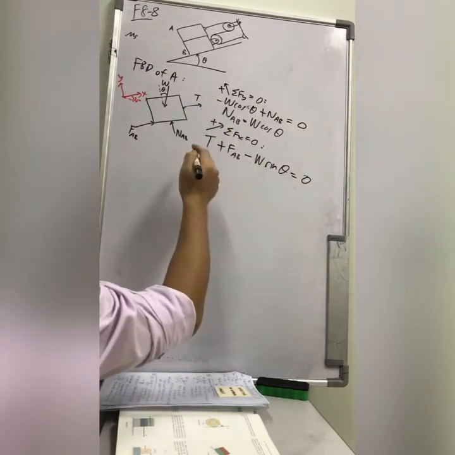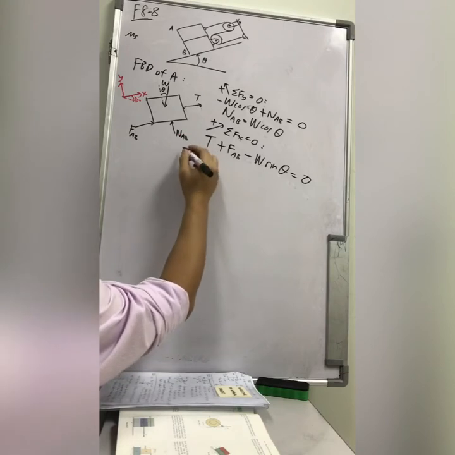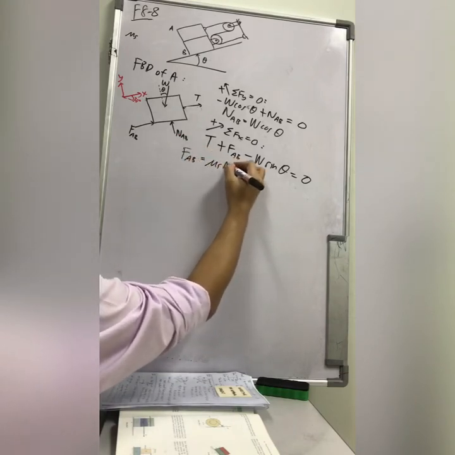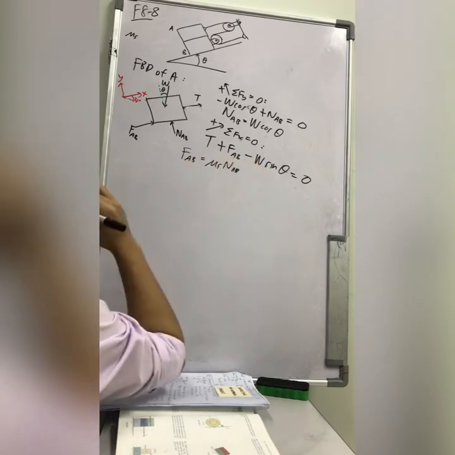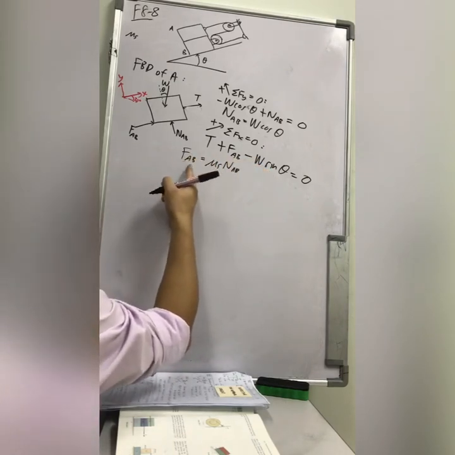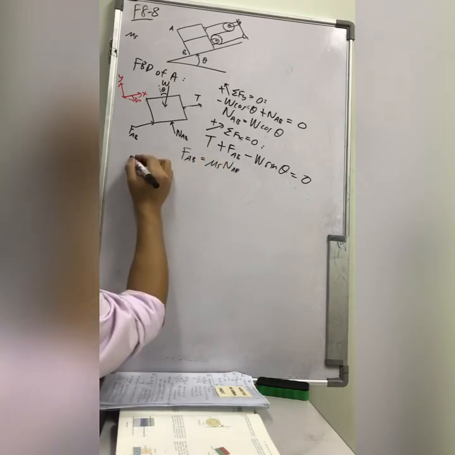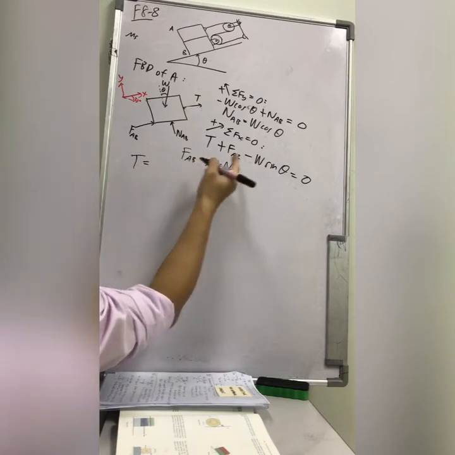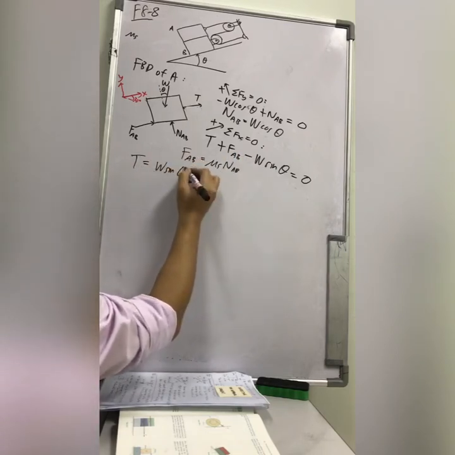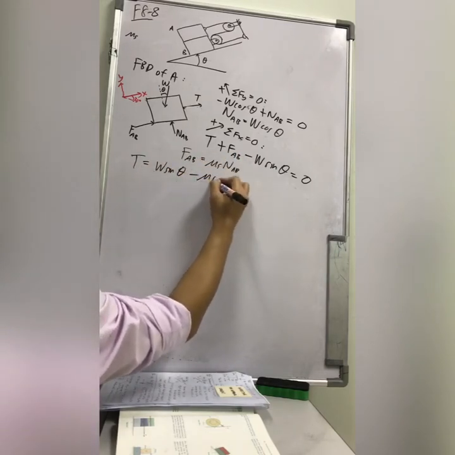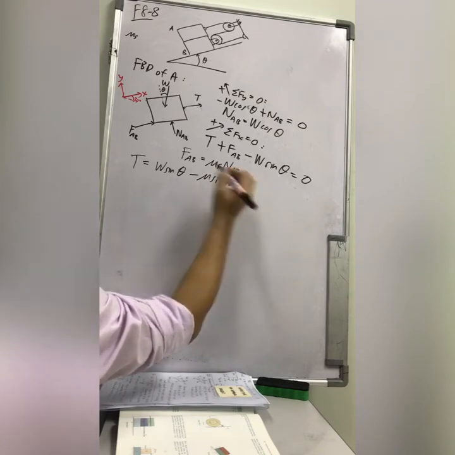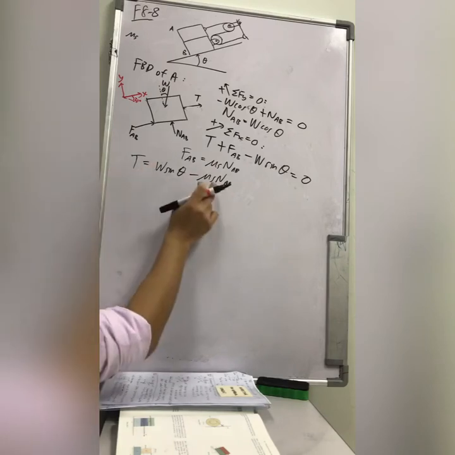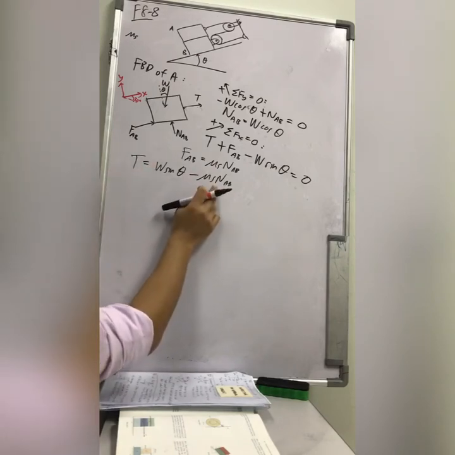And we are evaluating this at the verge of slipping, so you know that your F_AB in this case is mu s N_AB. You put this F_AB into the equation, and you will have T equals W sine theta minus F_AB, which is mu s N_AB.